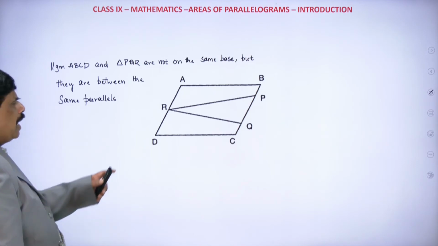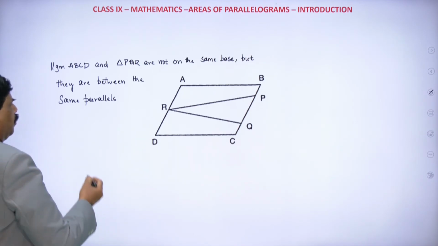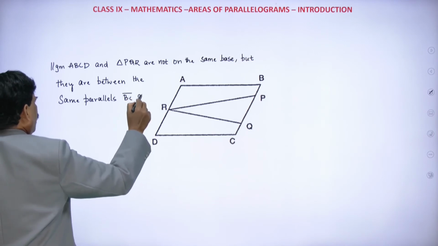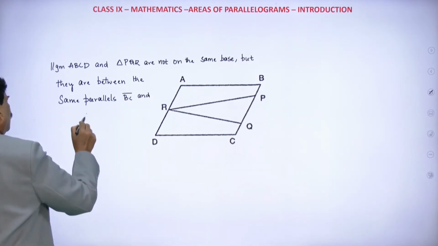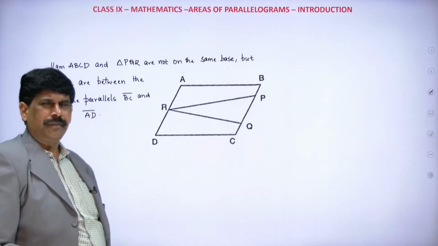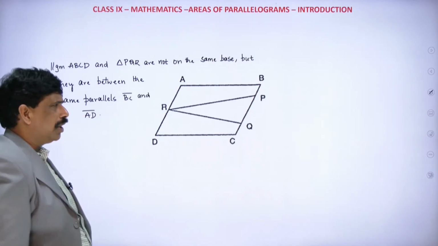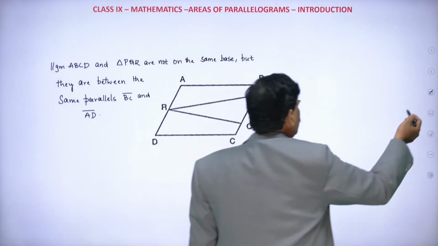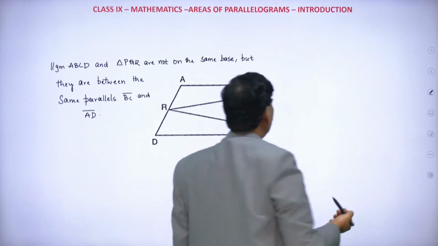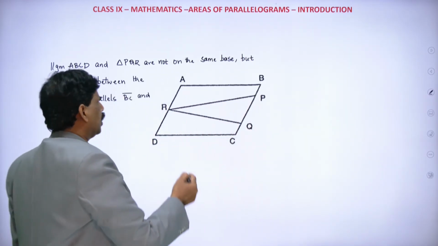What are the two parallels here? BC and AD. Of course, these two are the opposite sides of parallelogram ABCD, and the opposite sides of a parallelogram are parallel to each other.